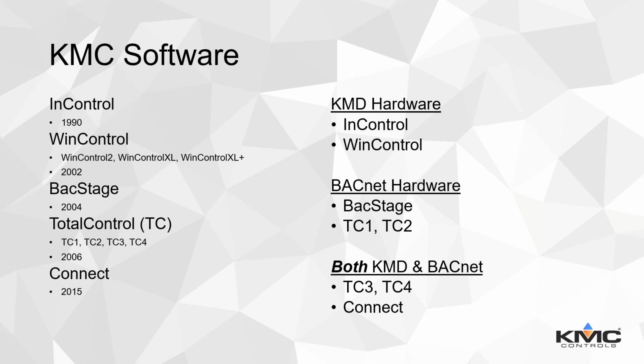The graphics inside of WinControl were basically a tabular list of points, and those were called system groups. Those system groups had points that you brought in, then they were bound into a graphic, and you basically specify X, Y coordinates to put the information over top of an image.